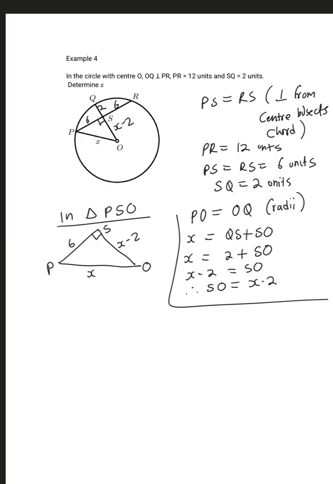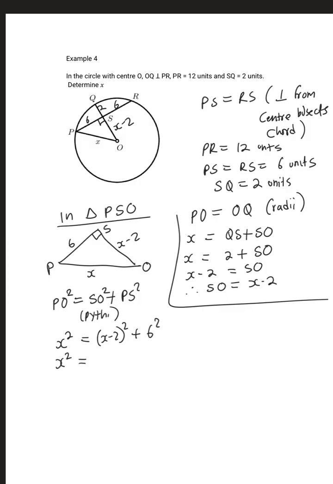The hypotenuse is the side facing the 90-degree angle, so PO squared is equal to SO squared plus PS squared. The reason is the Pythagoras theorem. PO is X, so X squared is equal to SO, which is X minus 2 all squared, plus PS, which is 6 squared.